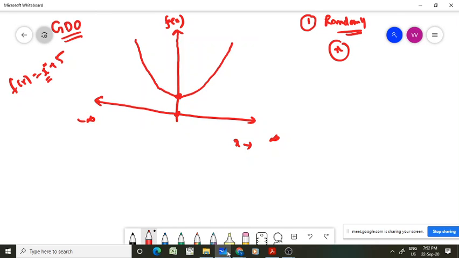In the search space, you have to randomly choose some initial point. Let's assume the randomly chosen point is x equal to 5. Randomly generating one value, from that point I start searching.